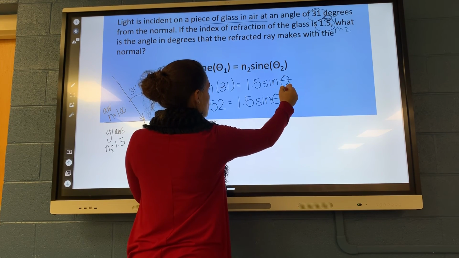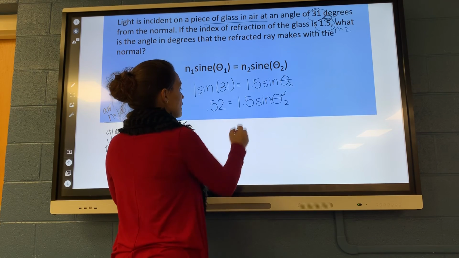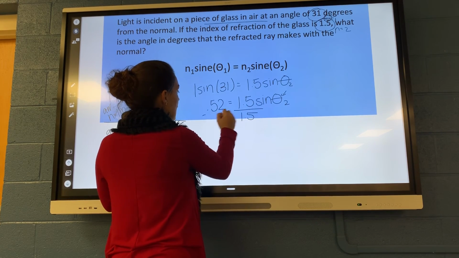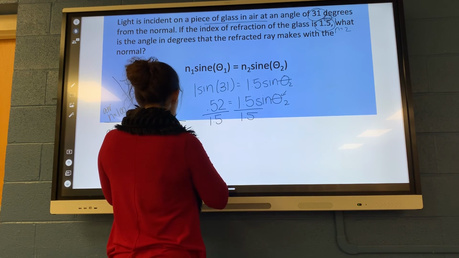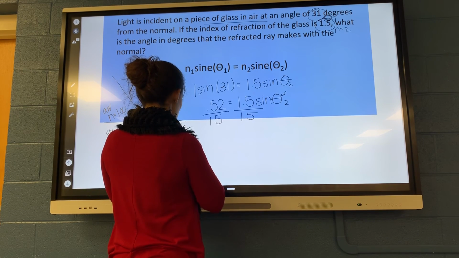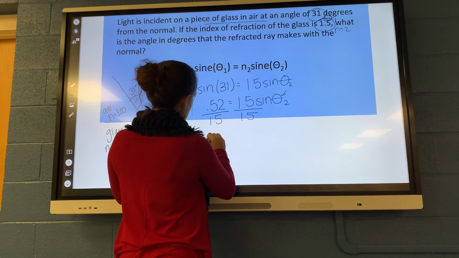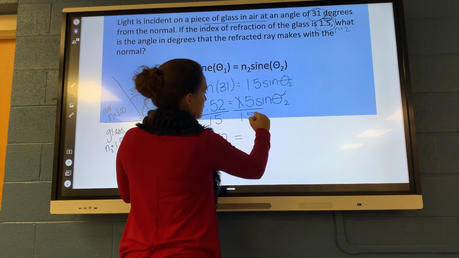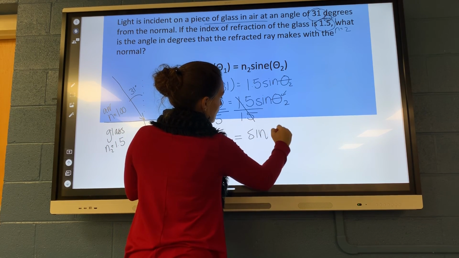Remember, I need to get the angle by itself right here. So I need to divide. These are being multiplied. The opposite of multiply is divide. So 0.52 divided by 1.5 is 0.347 equals the sine of angle 2.